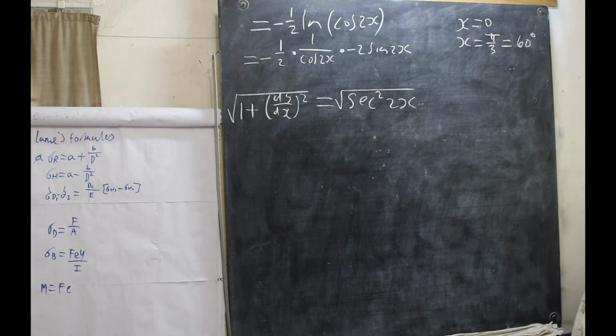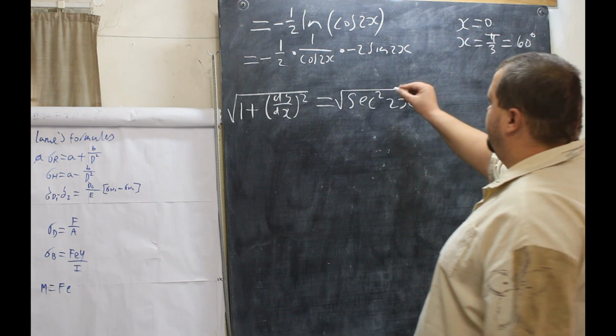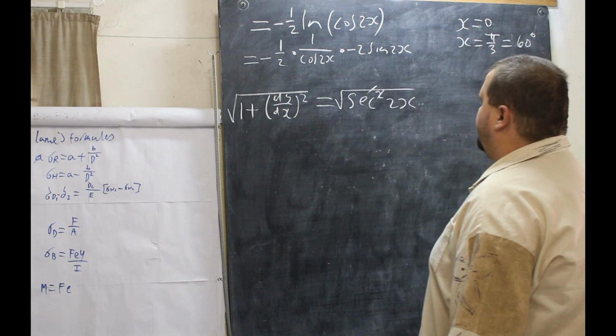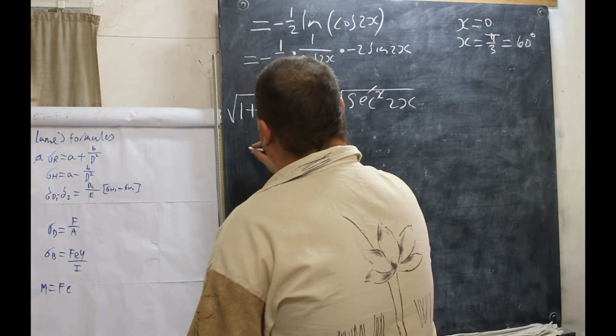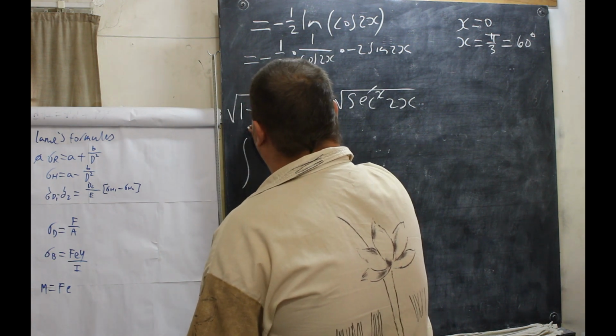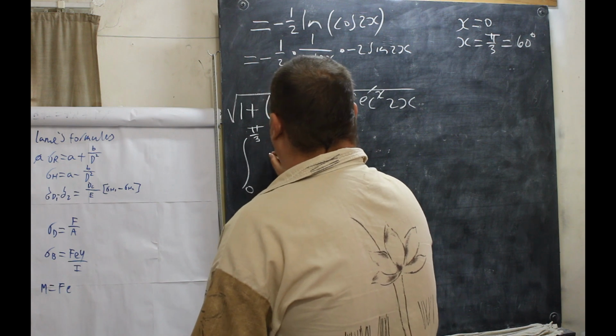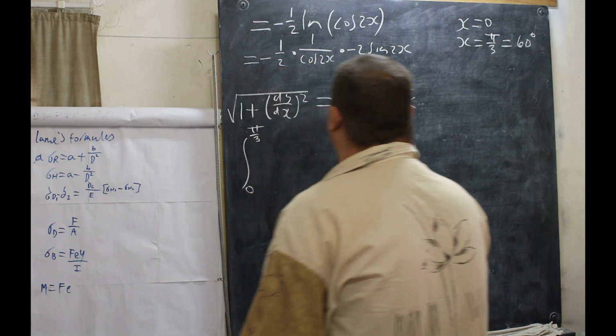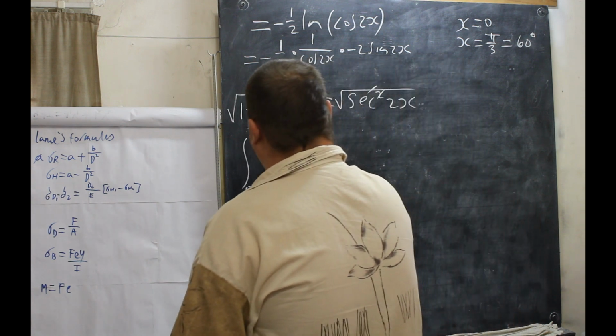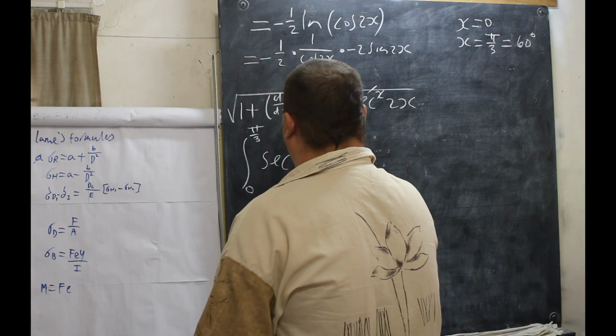Next, the root cancels with the square, and we're left with sec 2x. So now we integrate between pi over 3 and 0, and that is sec 2x.